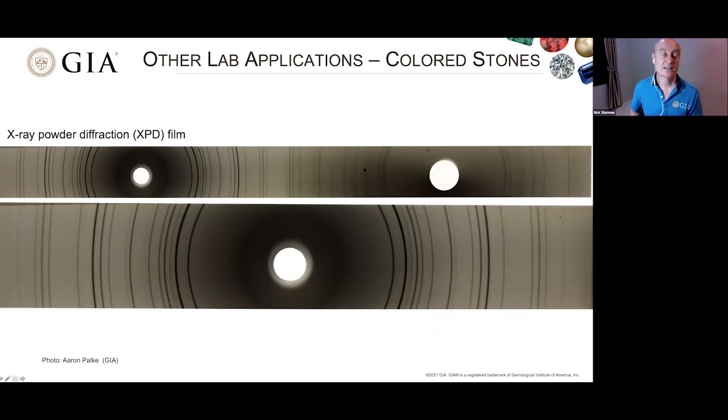So we actually have to go into a dark room, load the camera with this film, and then expose it to X-rays for a few hours. I think it was about 3 or 4 hours for a run. And when the structure of the crystals aligned to Bragg's law, they would show these lines on the film when it was developed.